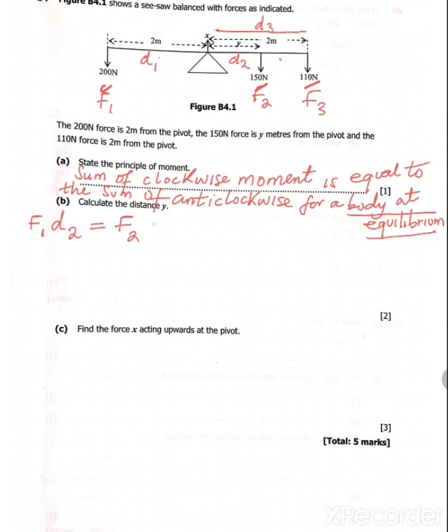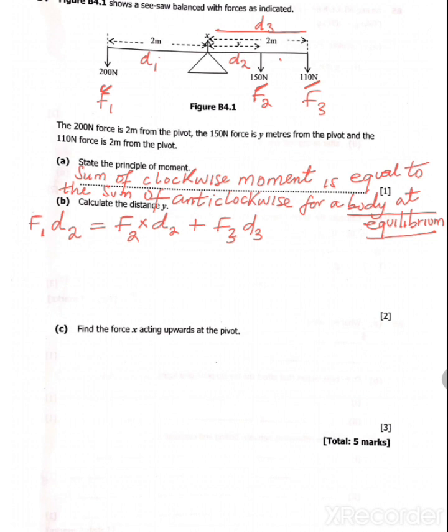So we have F2 times distance 2 plus F3 times distance 3. The sum of the clockwise will be equal to the sum of anti-clockwise if the body is at equilibrium.